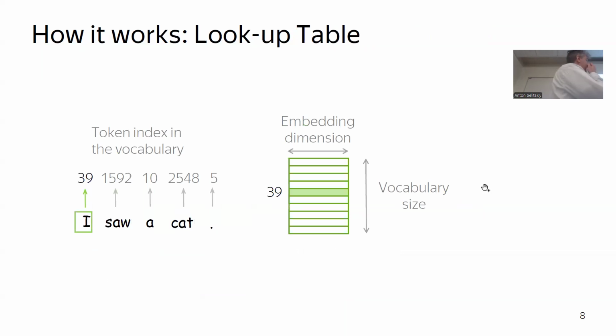So the simple idea is to create a dictionary and just number every word in our language, and create a dictionary that maps every word to a digit.